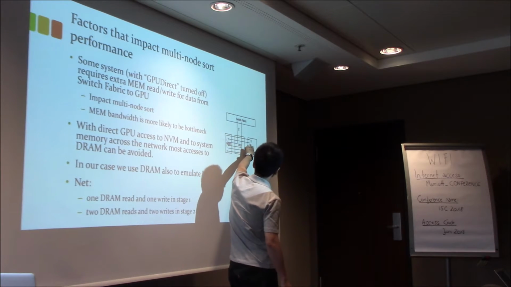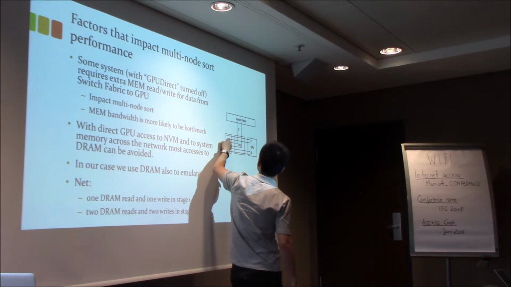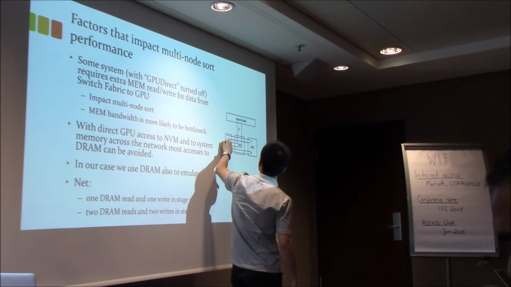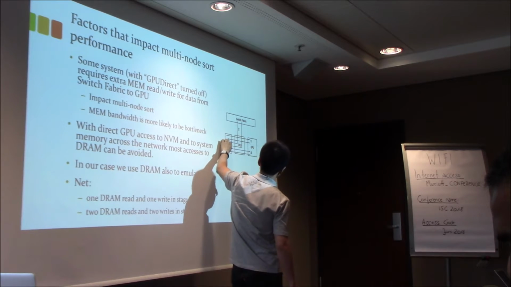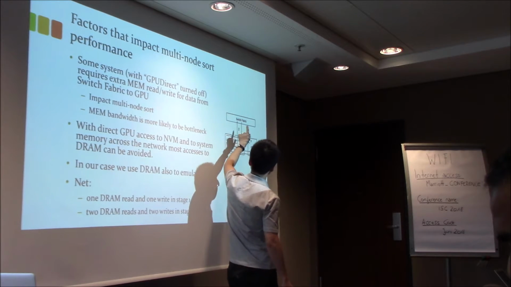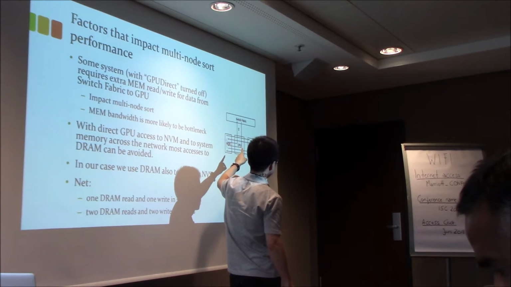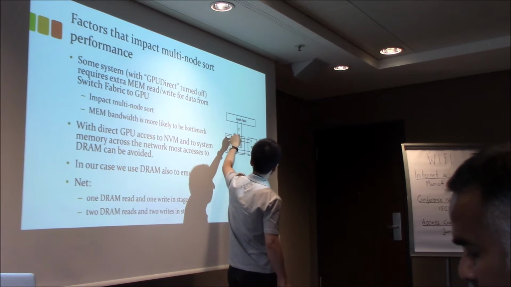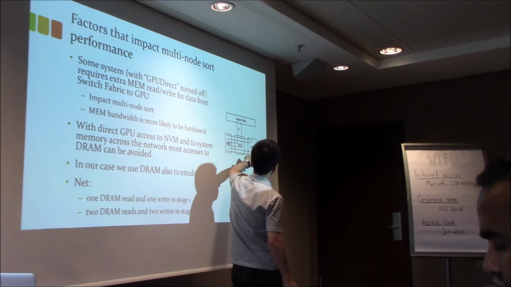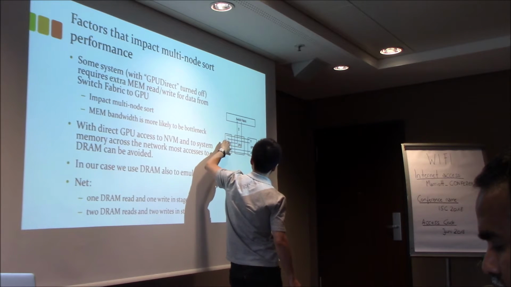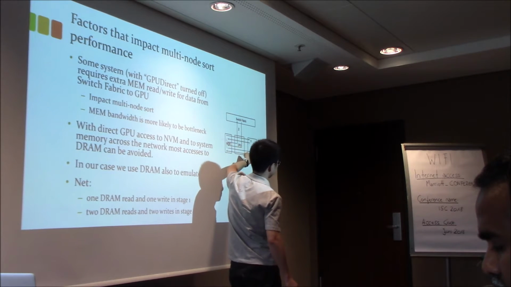The output from the partitioner needs to be written into memory, and during the shuffle, data is read from memory and sent to the fabric. For configurations with GPU Direct on, data can be sent directly to the GPU, but here we have to send it back to memory again, and later the GPU has to read the data from memory.